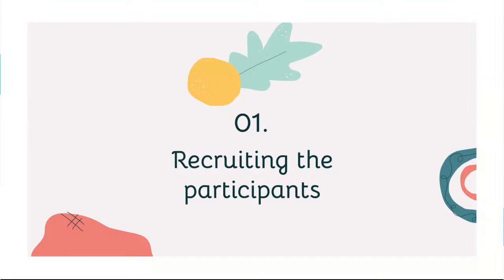So talking about recruiting, some of you may have a pool of participants or volunteers who are willing to come to a UT, or else you may be starting from scratch. So if you don't already have a pool, what you can do is gather participants by using a Google form. I will show you in a bit.